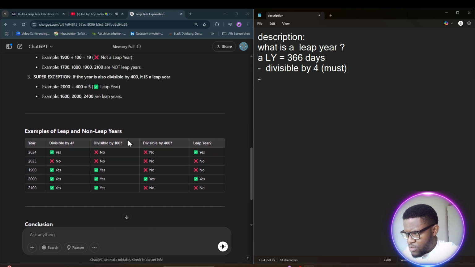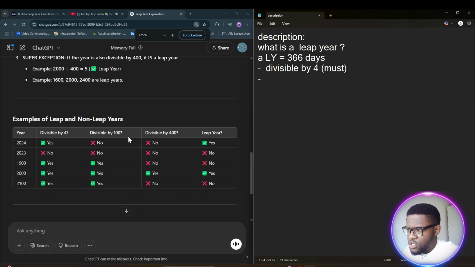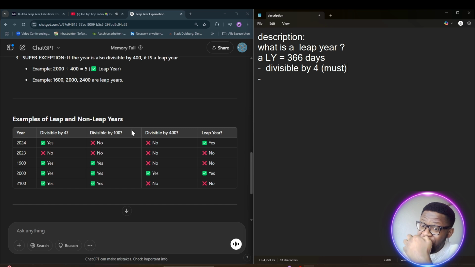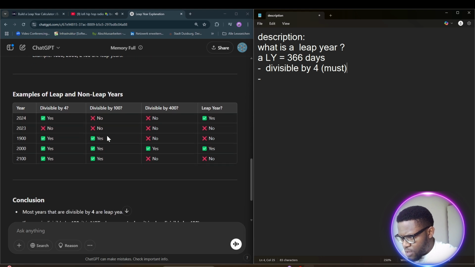Conclusion, here's a table. Really good. I'm using the free version of ChatGPT, and I think the answer is really good.